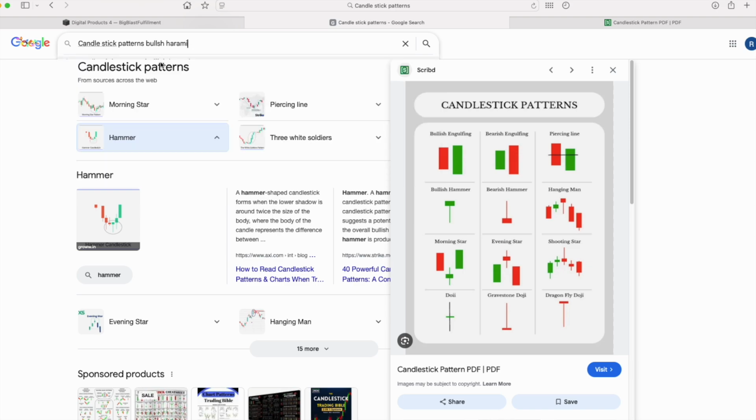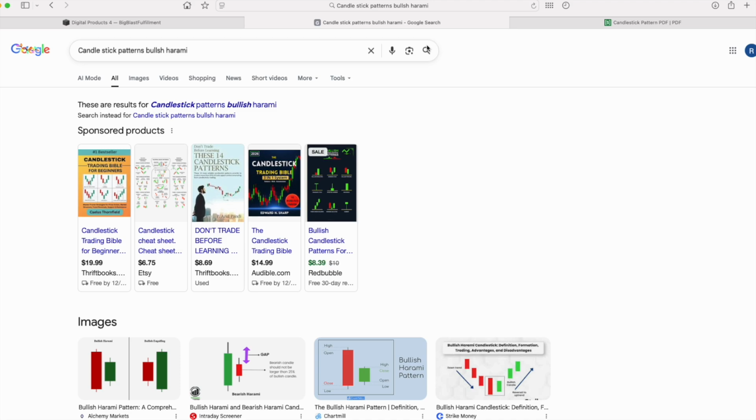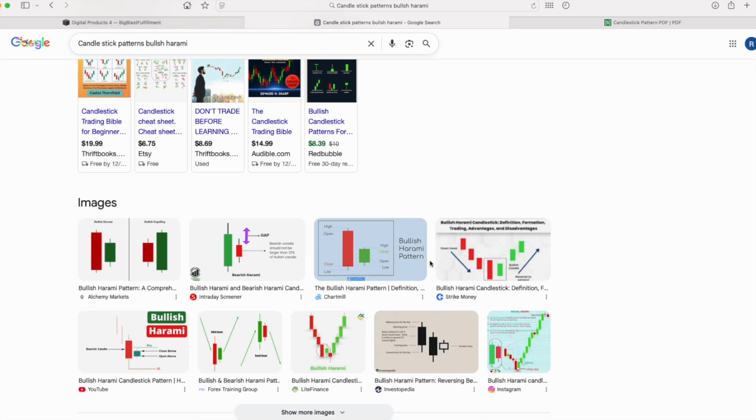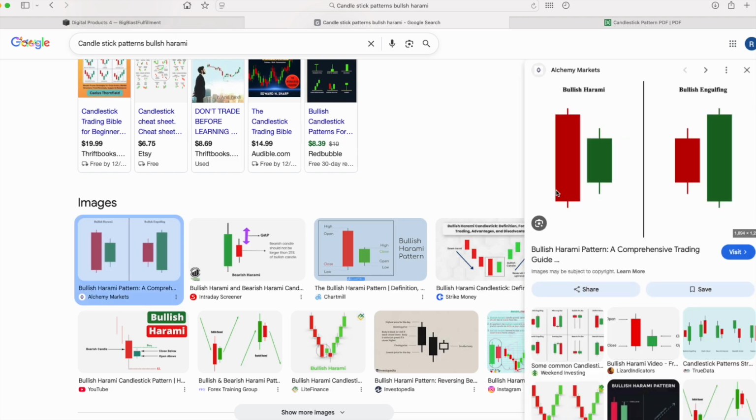Bullish harami. There he goes. There's our bullish harami. All right. So a bullish harami is a red bar with a green bar inside of it.